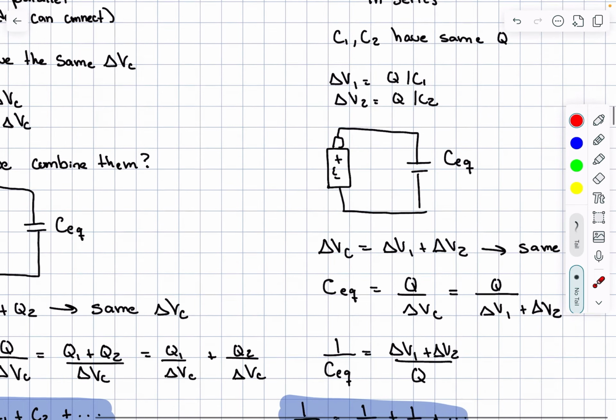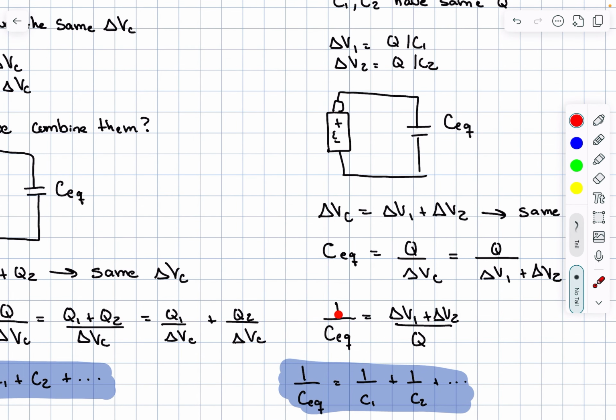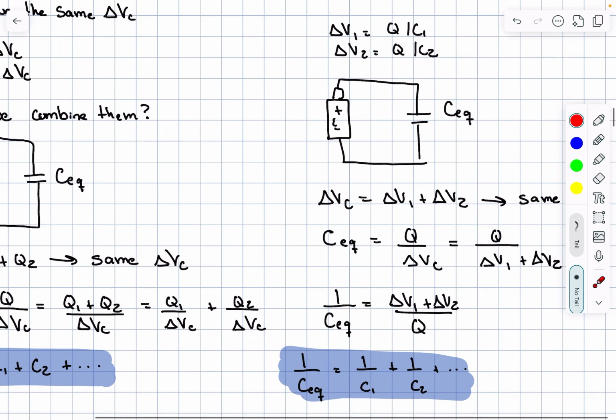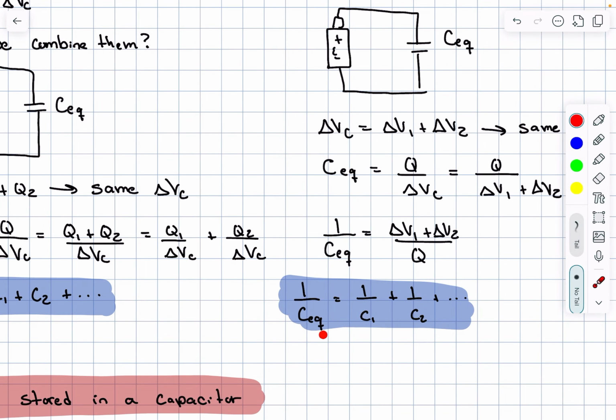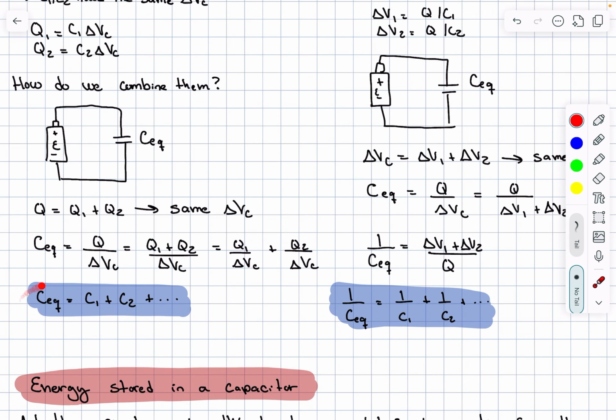So to do that, we have to inverse C equivalent. We inverse it like this, and then we get delta V1 divided by Q plus delta V2 divided by Q, which are our equations up here. And because of that, we get 1 divided by C equivalent is equal to 1 divided by C1 plus 1 divided by C2. So we see that these equations are quite different.